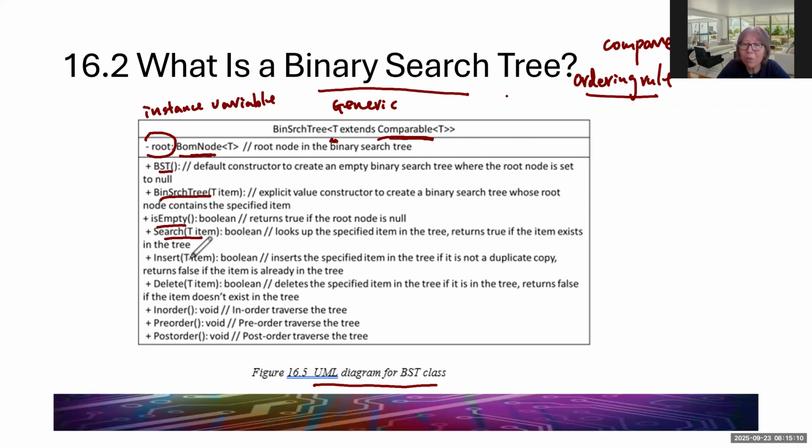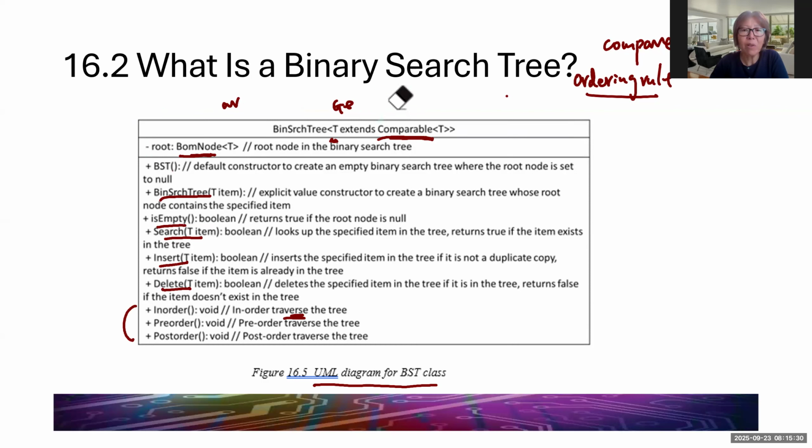We want to look for some item to search, insert, delete. Those are common operations for a data structure, and then traversing. We will discuss how we do the traversing. So this is a general definition for a binary search tree.